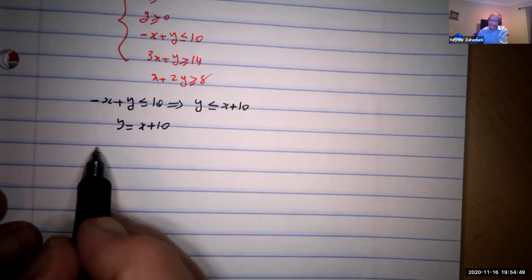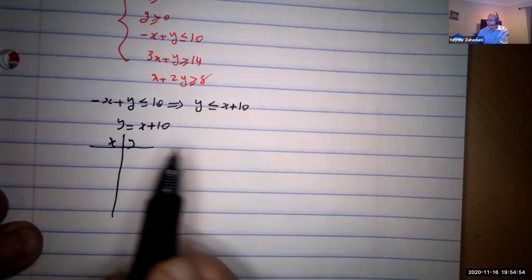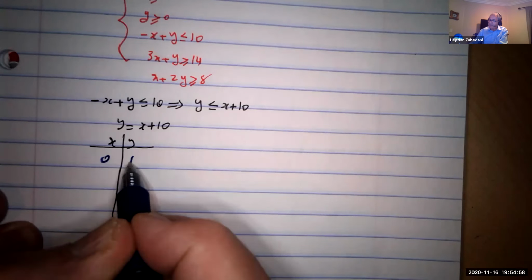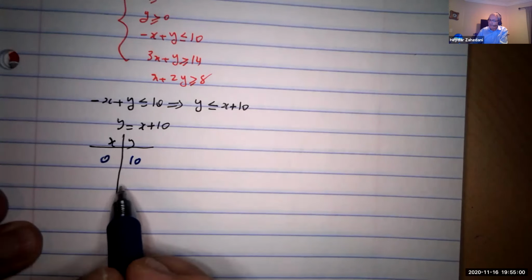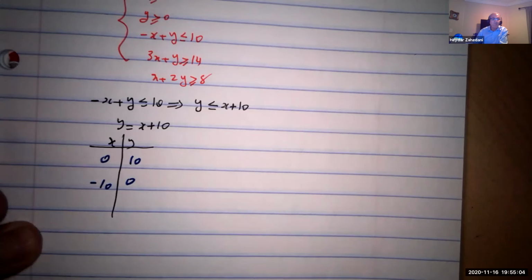So let's graph y equal to x plus 10. The points are going to be your intercepts. With x equal to 0, y would be 10. With y equal to 0, x would be negative 10. That gives us y equal to x plus 10.